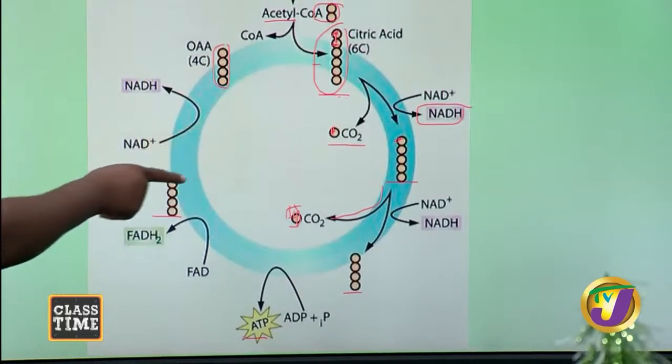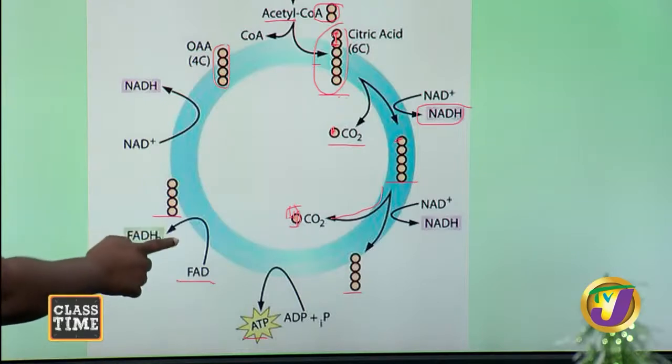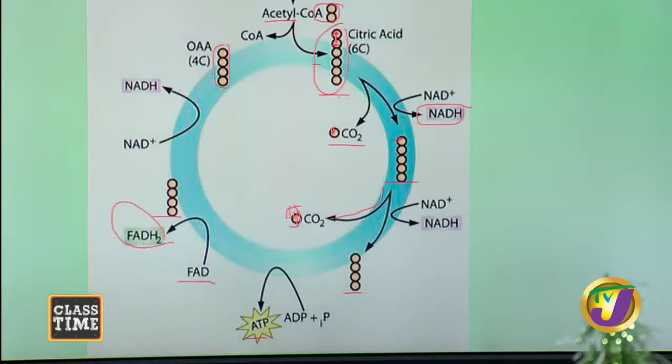Then, instead of reduced NAD being made, this time you have reduced FAD being made. FAD is similar to NAD and will do the same job, but it's not as efficient as reduced NAD. But this is what actually happens during the whole process of the Krebs cycle.